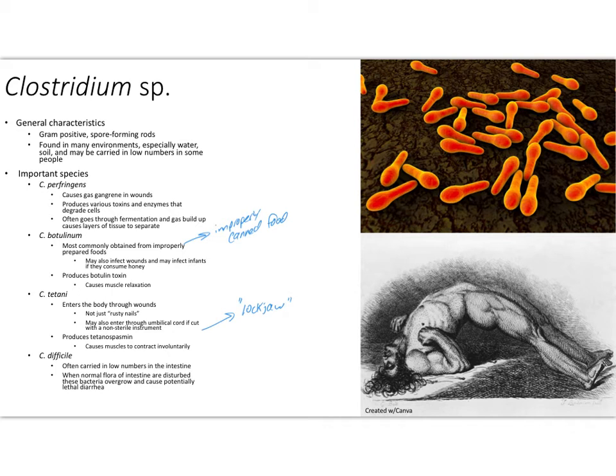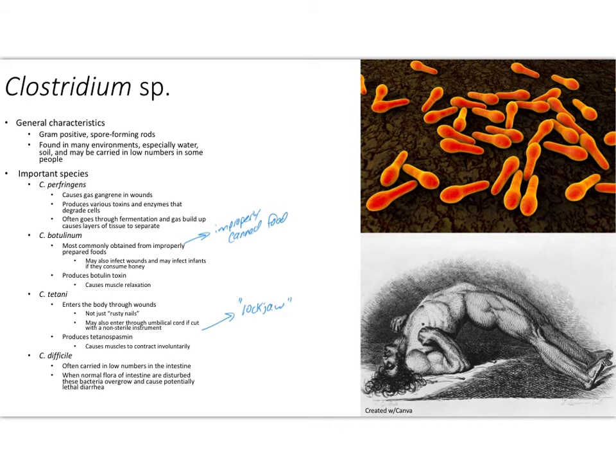So oftentimes this one will start to become a problem when someone has been either in the hospital and has acquired more than normal of these spores in their body, or if they've been treated with long-term antibiotics that have destroyed the normal flora that live in the intestine.